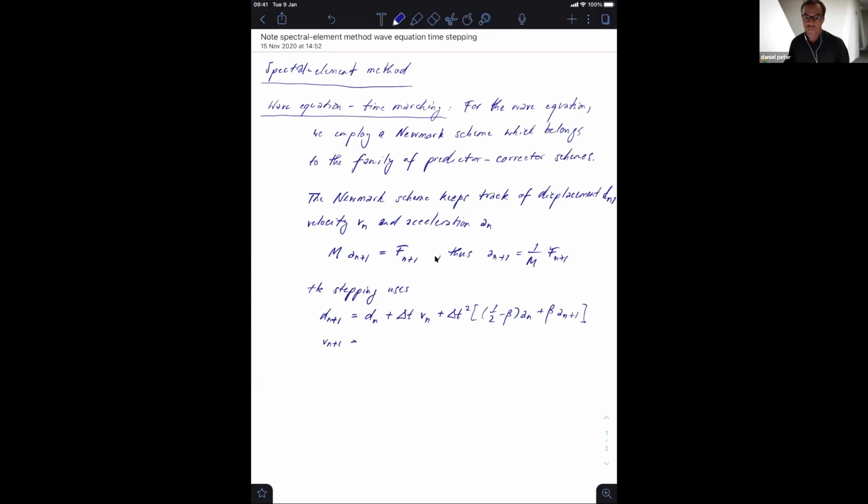Let's quickly write down the velocity update. So velocity update will be using the velocity from the previous step plus the time step size times 1 minus gamma times the acceleration at time n plus gamma times the acceleration at n plus 1.